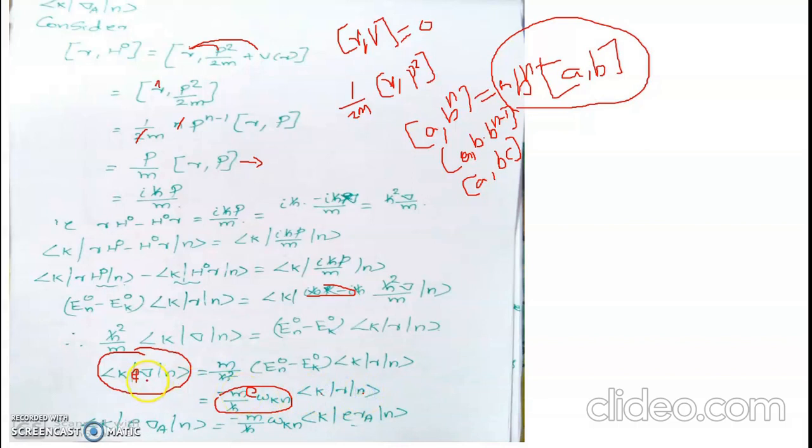So we make use of this argument to replace scalar product k grad A n. So if this is true for this operator grad and the total position vector r, this will be true for any components of these operators grad and the position vector r.